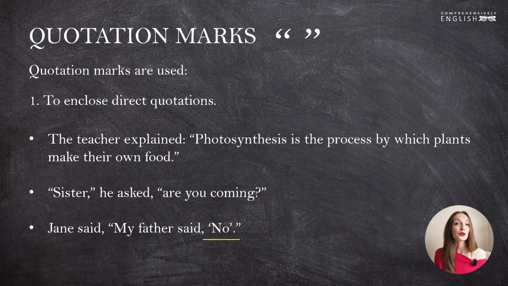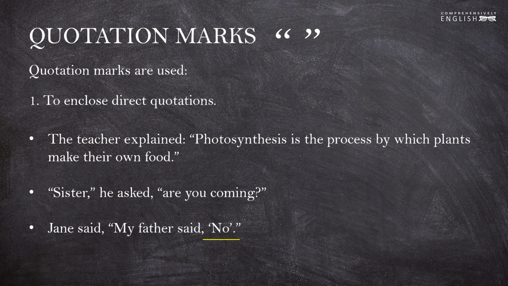So you're supposed to use the single quotation marks when you already have double quotation marks. Please also know that if you have already started a quotation with quotation marks, there should be an end to it. So the quotation must be closed with another pair of quotation marks.